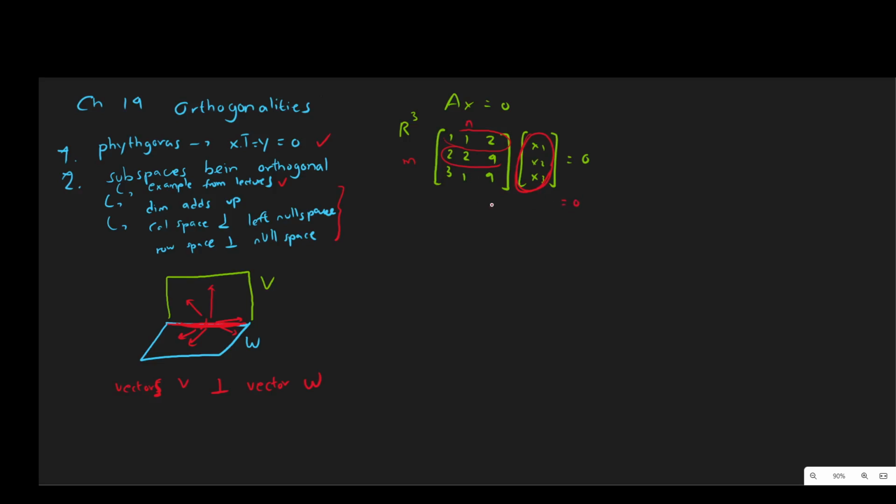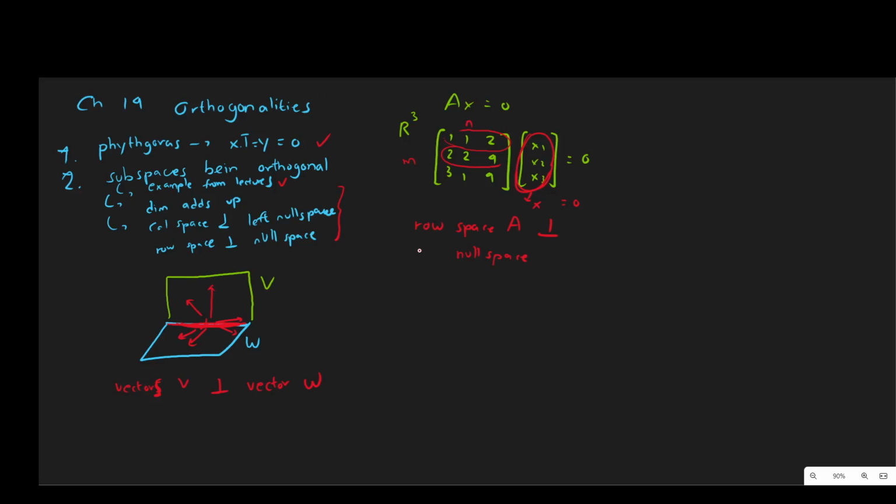So essentially we are saying that the row space of A is perpendicular to this solution x, so perpendicular to the null space of A.